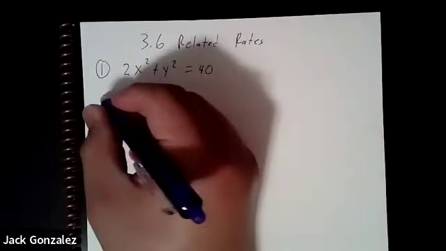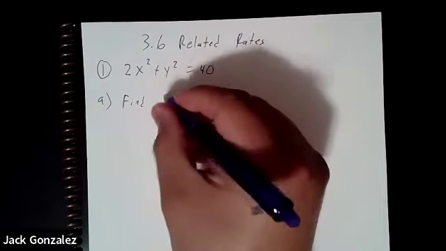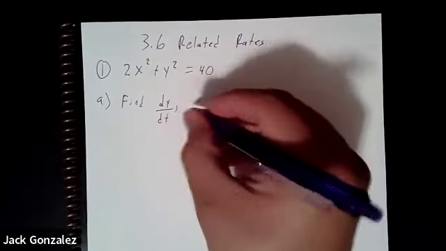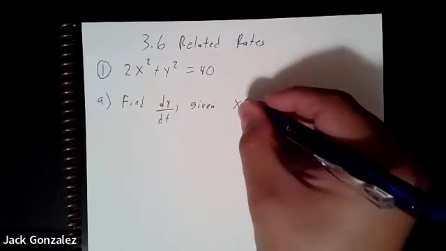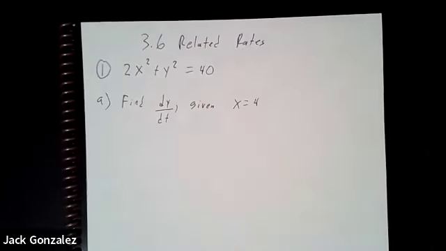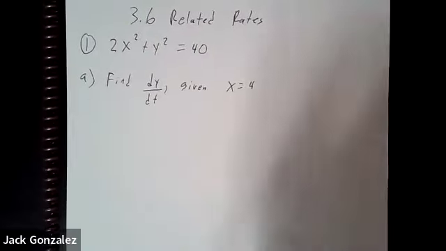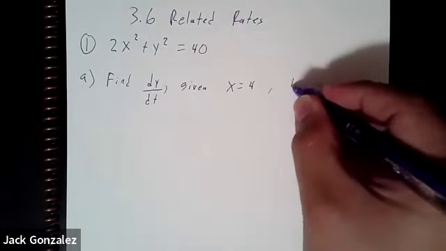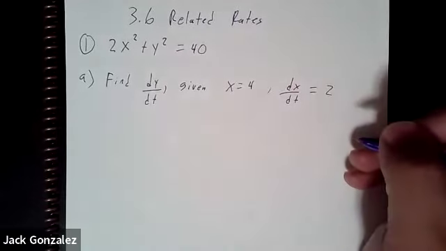First thing they're going to ask for is to find dy/dt, given x equal to 4 and dx/dt equal to 2.